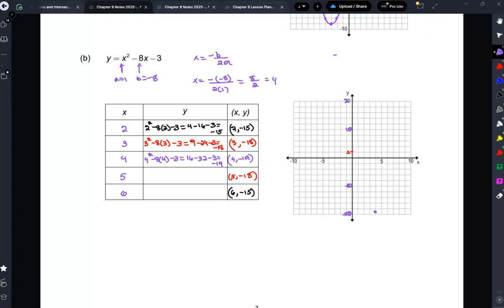So that's going to be right there. And then the red ones are 3 and negative 18. 5 and negative 18. And then I have 6 and negative 15. And here. Okay? So I graph like this. Wow, beautiful. Math is amazing. I don't know what I would do if there was no math.